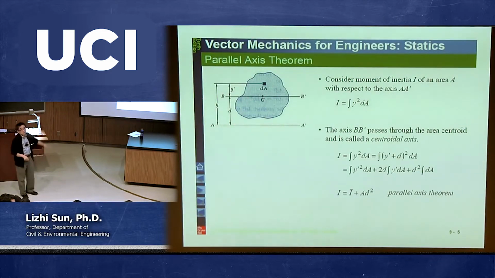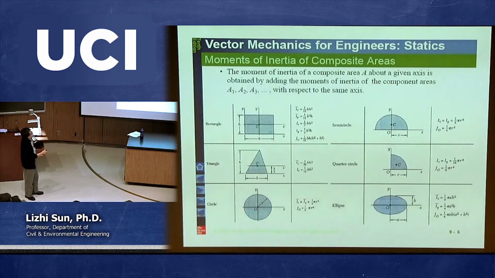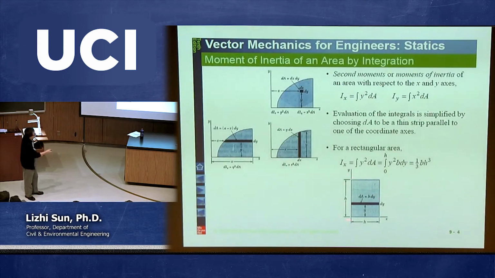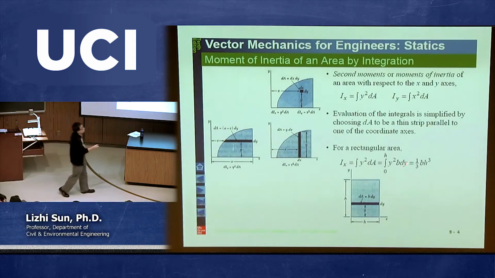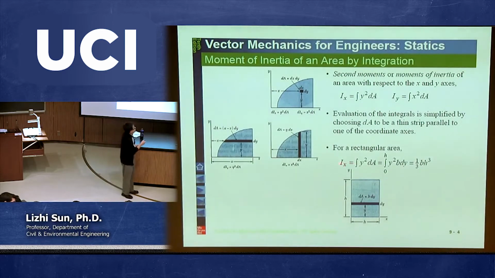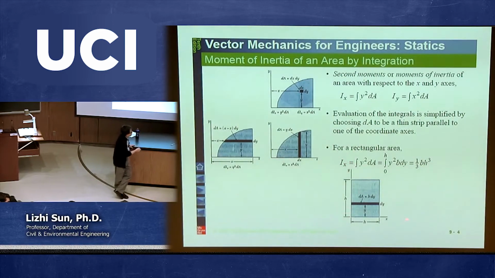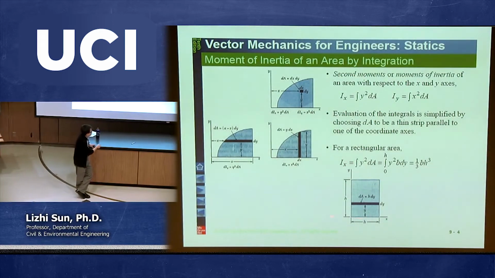So let's say we have this theorem, we want to go back and look at this one again. A couple of minutes ago, I showed you two results, right? One is the moment of inertia with respect to this coordinate system, in other words, you have an x-axis on the bottom.